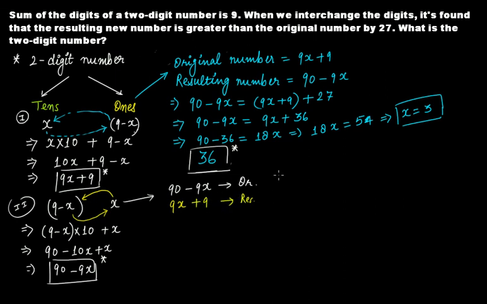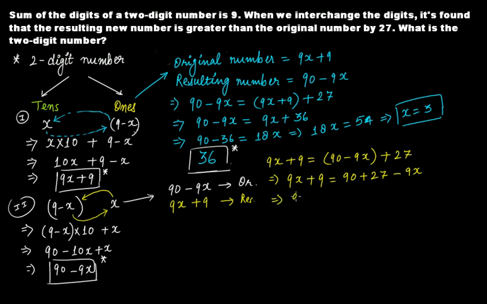So 9x plus 9, the resulting number is greater than this original number by 27. 90 minus 9x plus 27. You get 9x plus 9 is equal to 90 plus 27 minus 9x.